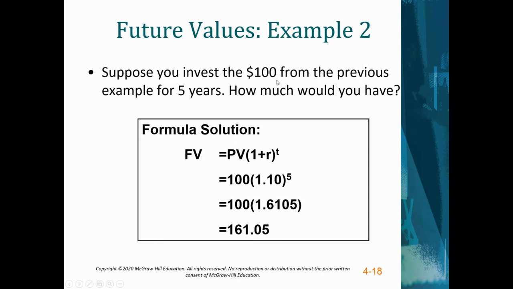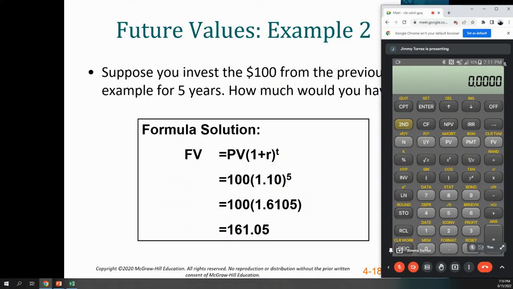Okay, so here we have the formula, right? Suppose I invest $100 from the previous example for 5 years. How much would you have? Well, we can do this with the calculator, so why don't we go ahead and do it? The present value is $100. 1 plus r is 1 plus 0.1 or 1.1.